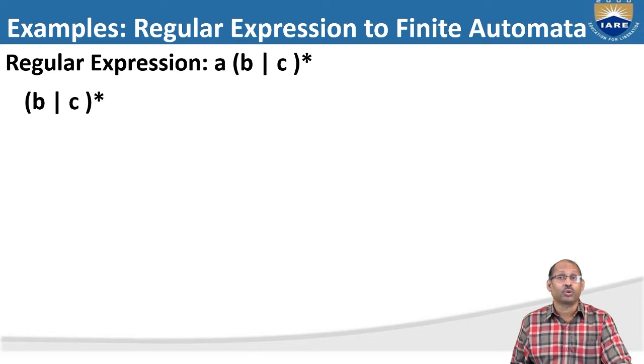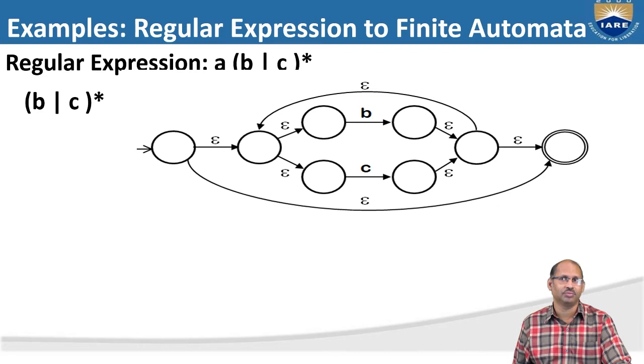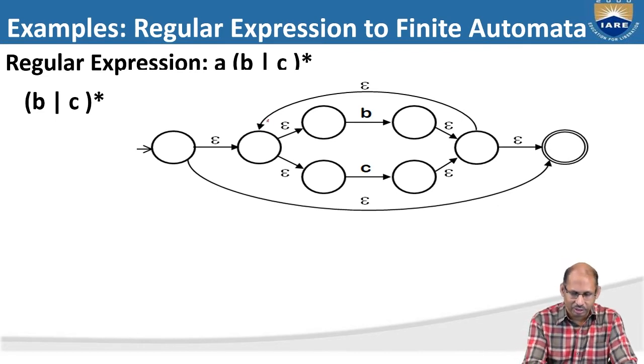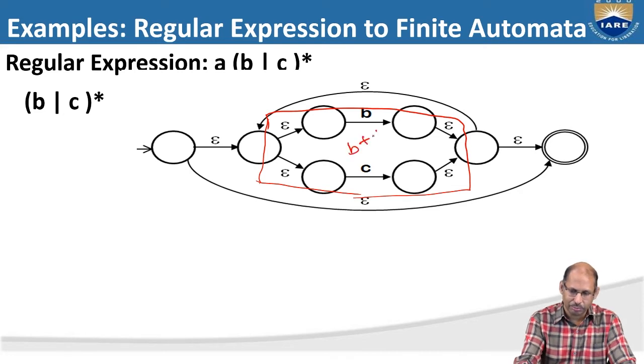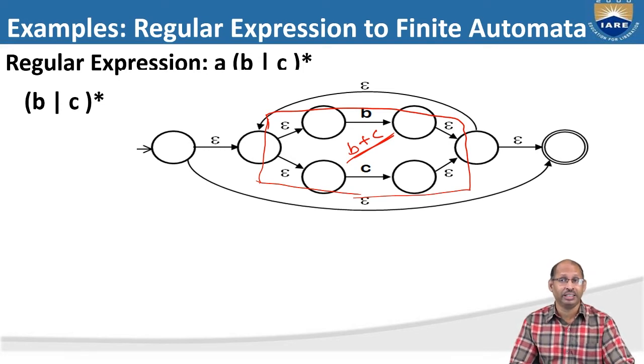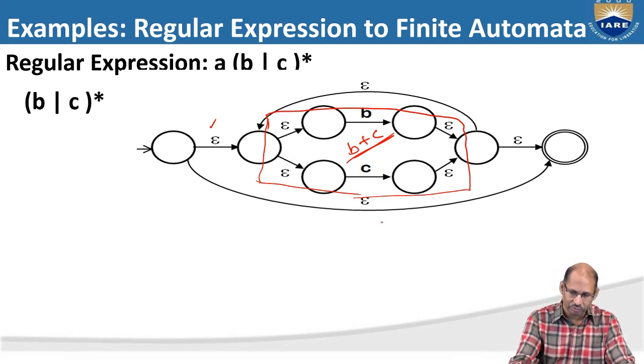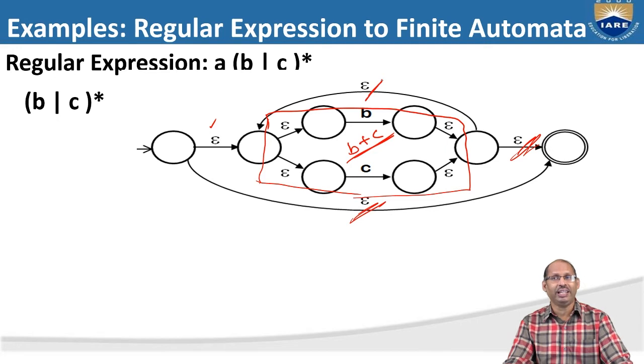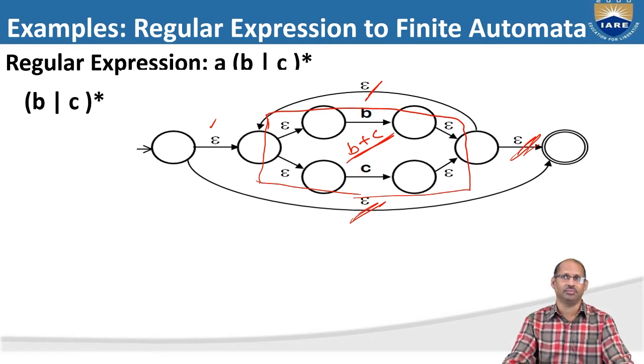Then closure of B union C. What is the next? Closure of B union C. So here this one is B union C, this is B plus C, and closure of this B plus C. For making that, we are connecting this 1, this is a 2, this is a 3, and this is a 4. We are adding another 4 epsilon transitions to make it B plus C closure.